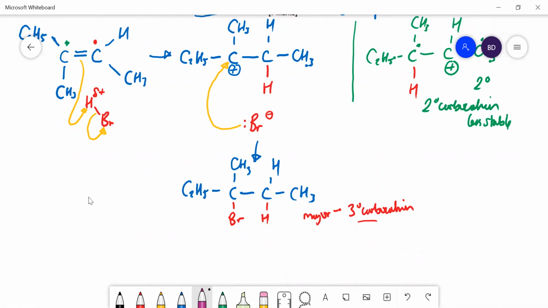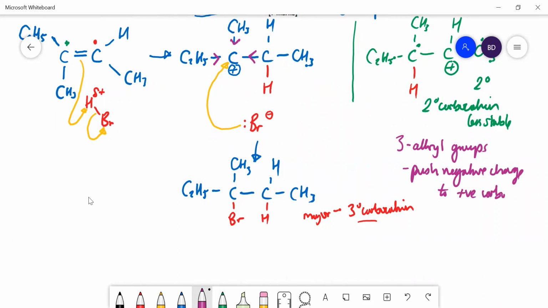You've got 3 alkyl groups, and they all have a slight tendency to push charge away from themselves into the carbocation, or release negative charge to the positive carbon atom. That reduces the intensity of the positive charge, and it makes it more stable. So that will get you your 7 marks.